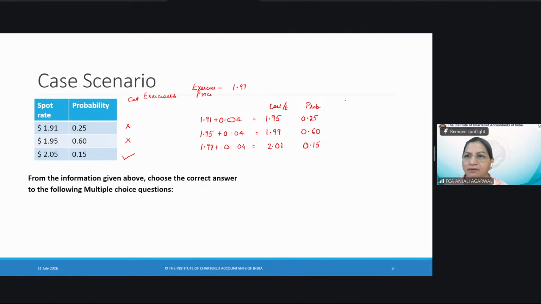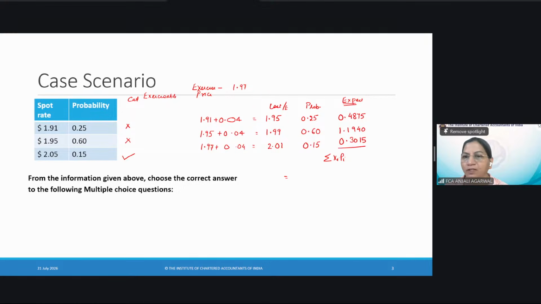So the expected cost, if I use the call options, is summation XiPi, which is equal to 1.95 multiplied by 0.25, is 0.4875. 1.99 multiplied by 0.6 is 1.194, and 2.01 multiplied by 0.15 is 0.3015.